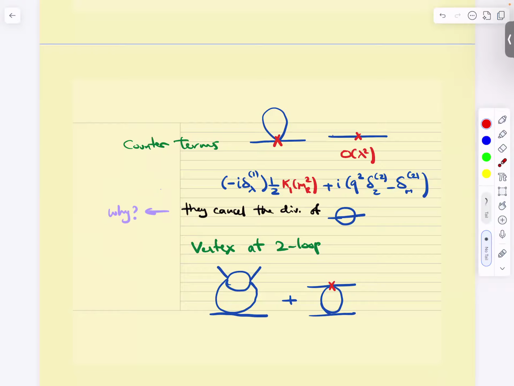The part that's hard is all I did was just about self-energy. Now, if you want the vertex at 2 loop, you have a gazillion diagrams. You have a lot of diagrams, right? So what are the diagrams that contribute to the vertex at 2 loop? There is, for example, this diagram. Then there is, wait a second, what am I drawing over there?